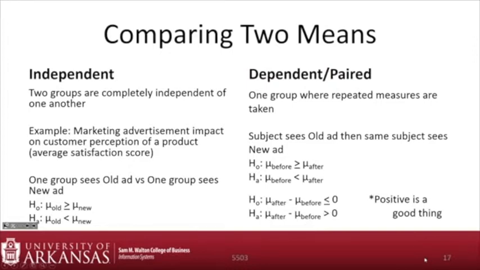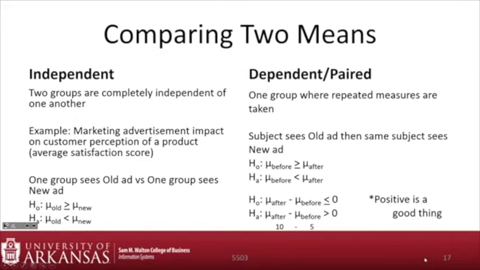If I flip my scenario, and now I do after minus before, 10 minus 5, do I want a positive score or a negative score? Now I want a positive score, so now a positive score is good. Okay? This is important as we go to our interpretation. So the way we subtract this makes a difference.